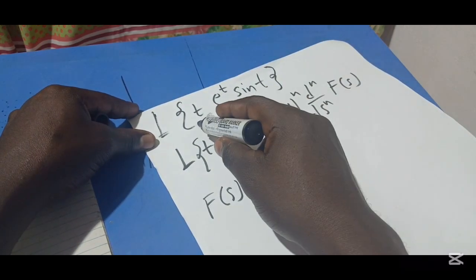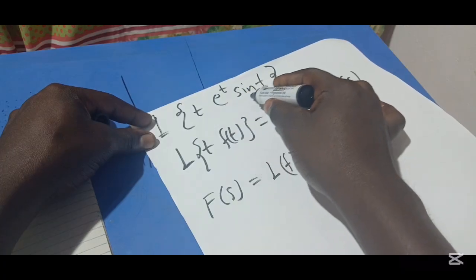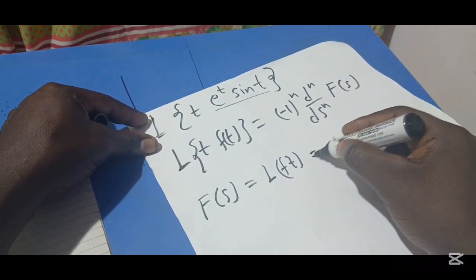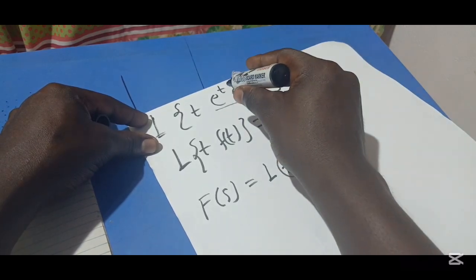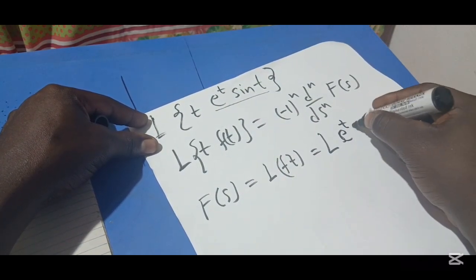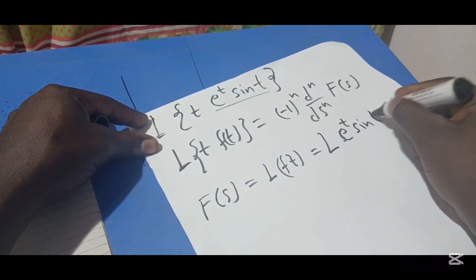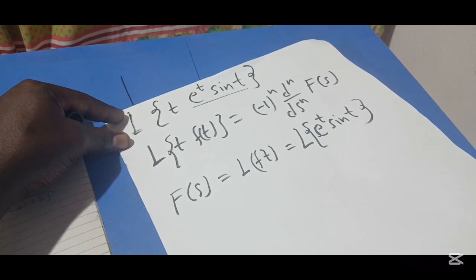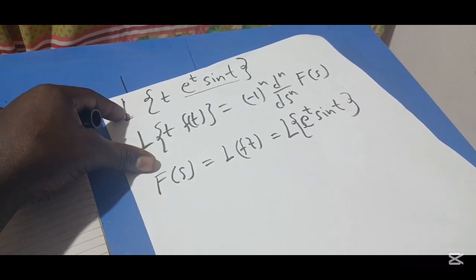Looking at this question, everything here apart from t is our f of t, so it equals the Laplace transform of e to the power t sine t. Right? So we have a shift.